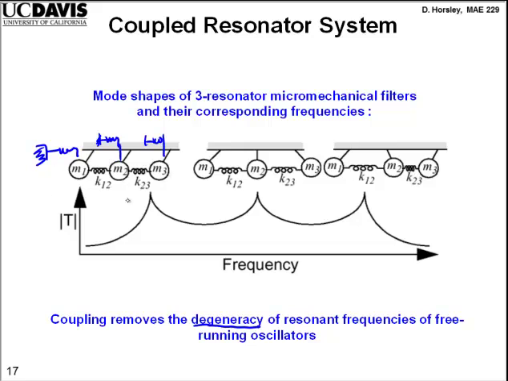So in this first mode, all these masses are moving together, and these springs are undeflected. K12 and K23 are undeflected, so they don't do anything, unstretched. They contribute no stiffness.